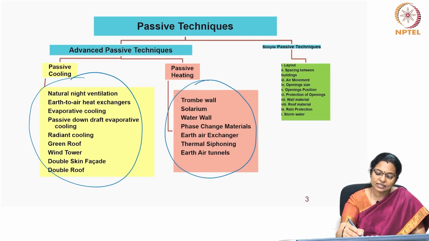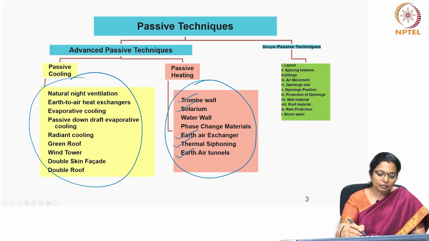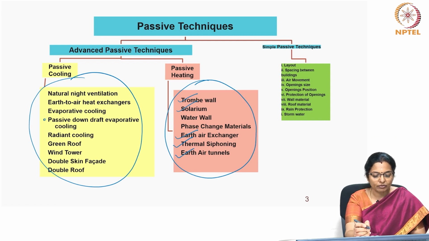In the last class, we saw the Trombe wall, solarium, earth-air exchanger, earth-air tunnels, thermal siphoning, natural night ventilation and a little bit of passive downdraft evaporative cooling, PDEC. So, we saw 7 of them.